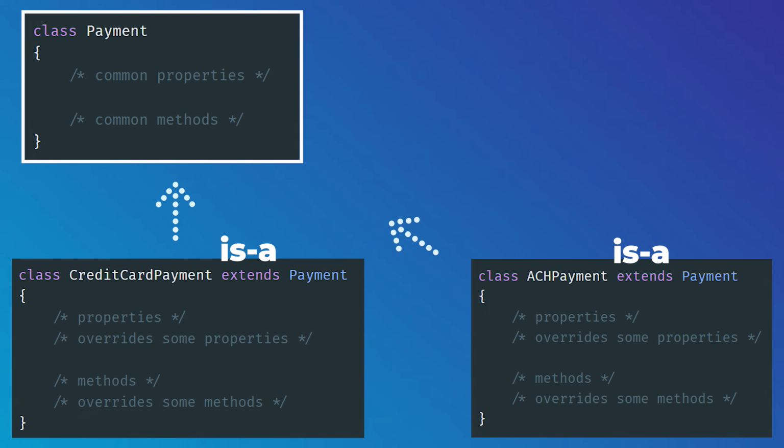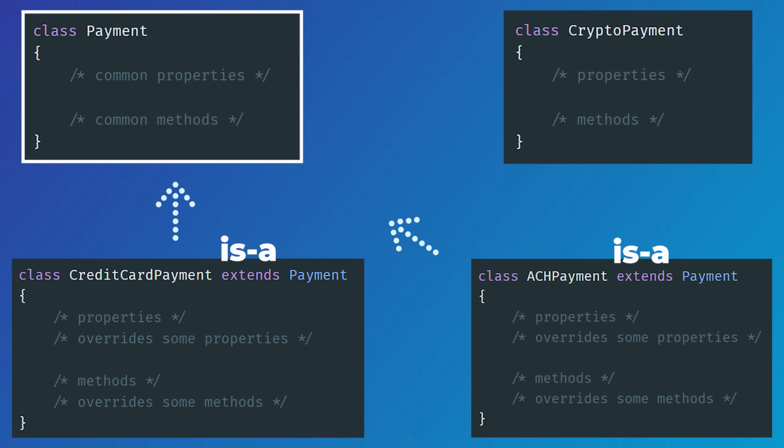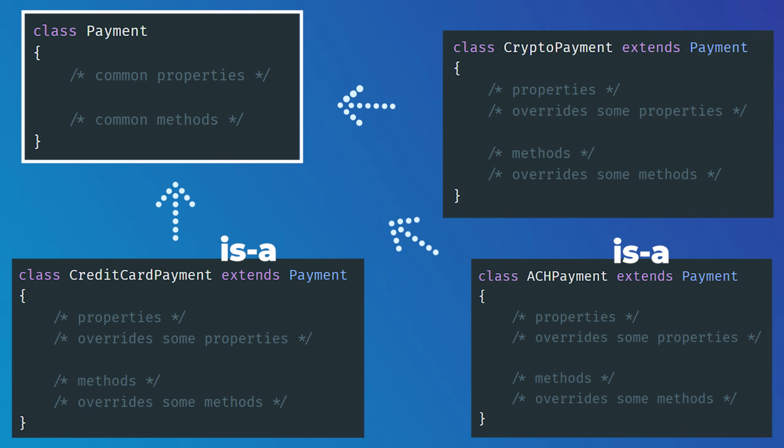6 months from now, a manager or customer comes in and says that we need to start accepting crypto payments because it's cool. So now we need to create a crypto payment class, and we're kind of forced to extend the payment class because again, the is-a relationship makes sense, and we've already built out the base functionality in the payment class.